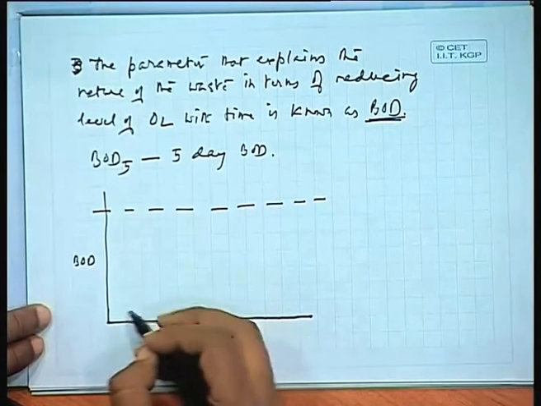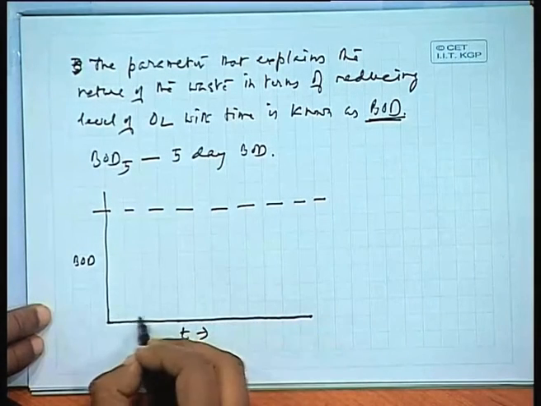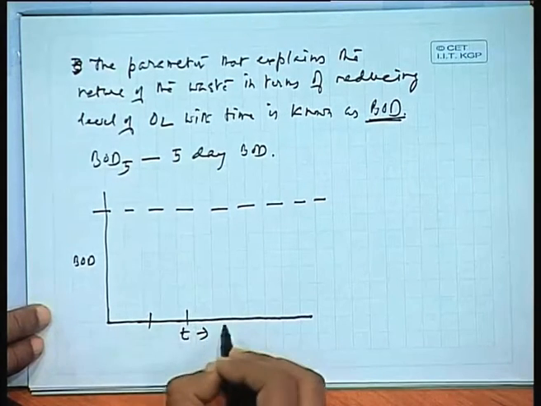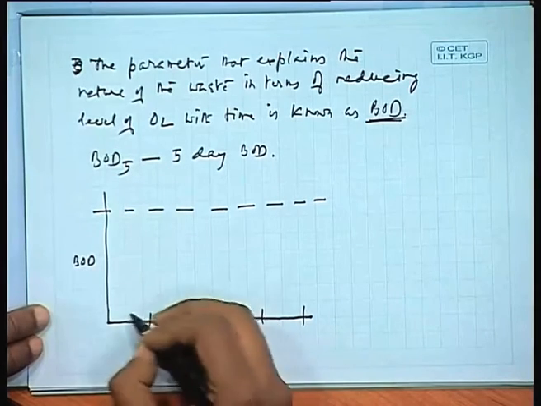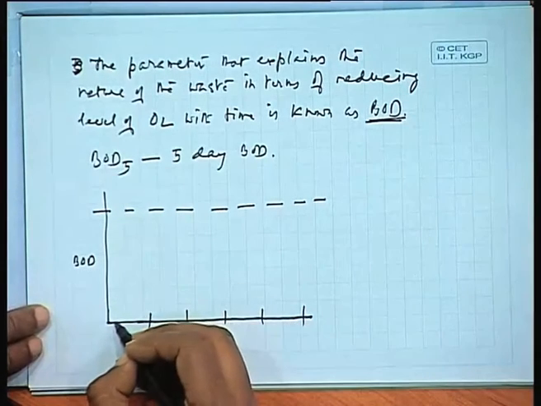If you observe for say 5 days, 1, 2, 3, 4, 5, this is the DO.